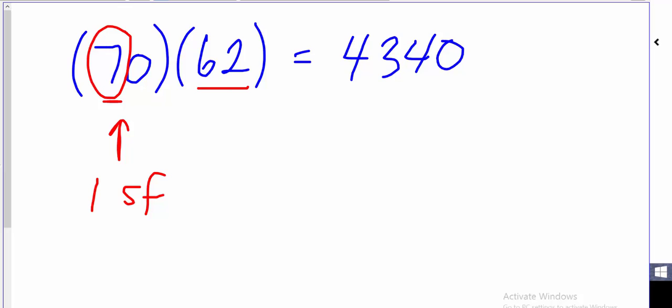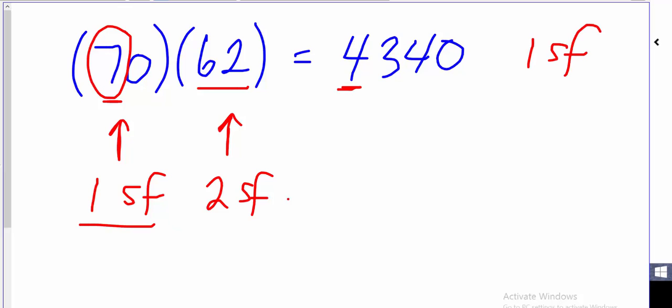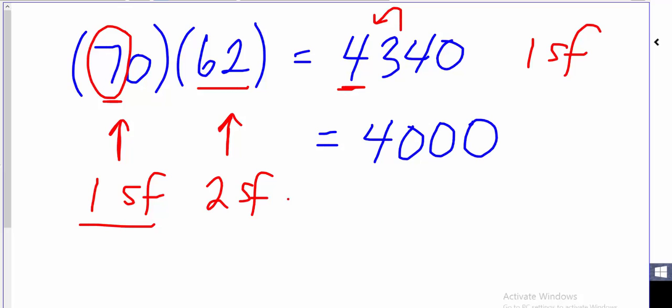The second number, 62, has two sig figs. So my answer must contain only one significant figure. So that means I'm going to be rounding right here at the 4. I look to the 3. It's not great enough of a number to round up my 4, and so my answer is going to be reported as 4,000. 4,000 has only one sig fig, the 4 right here.